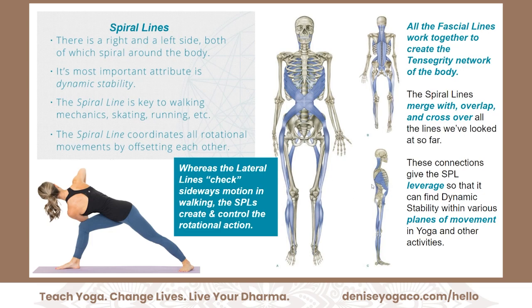So it's really coming into the front, the side, and the back body, but not the center body, right? Not the inseams of the legs, pelvic floor, diaphragm, not in here. So it's sort of wrapping around all of the other structures.